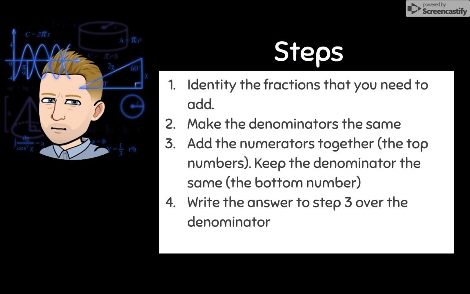Step 3, add the numerators together or add the top numbers together. Keep the denominators the same or keep the bottom numbers the same. Don't do anything to them. Step 4, write the answer to step 3 over the original denominator. That is the denominator if they are the same.